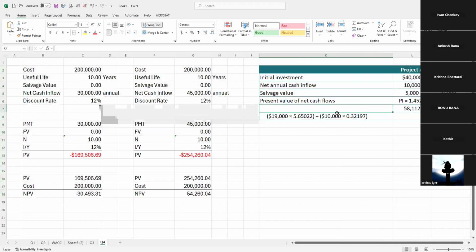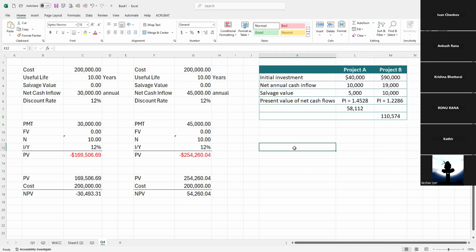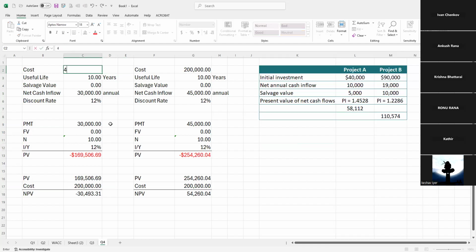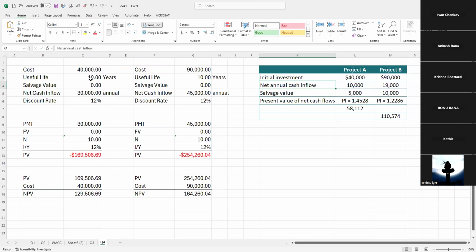What do I need? I don't need this one. I don't need this one. Now we have the two projects, in which your investment is 40,000 in the first case and 90,000 in the second case, right? Net annual cash inflow, 10,000 here and 19,000 here.